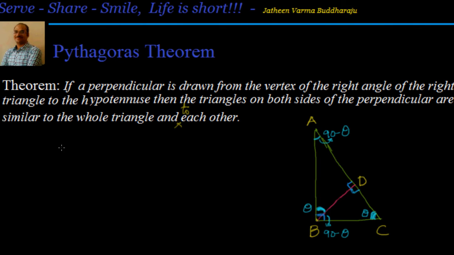So I will go ahead and put down the triangle names. First I will take triangle ABC, that's my big triangle. Then I will go for ABD, that's another triangle which is formed after the perpendicular is drawn. Another triangle is BDC. This is the name of the triangle.